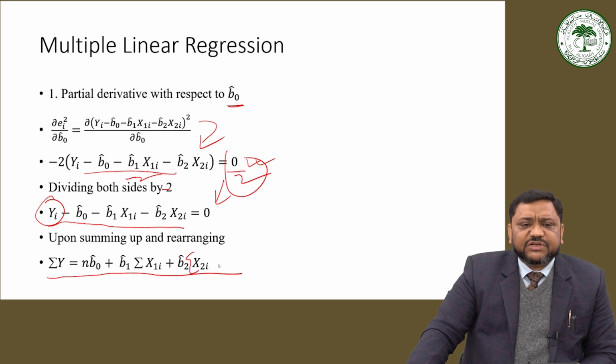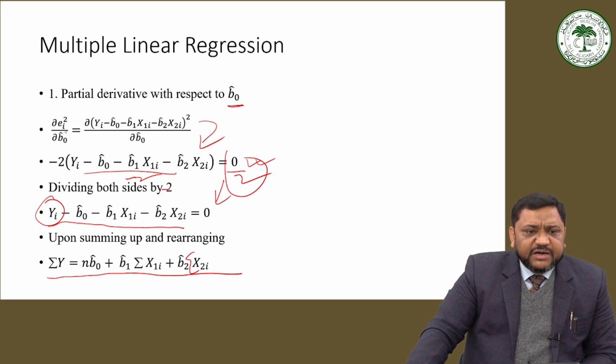So this is the first equation which we have got upon doing the partial differentiation of the error term with respect to b naught.